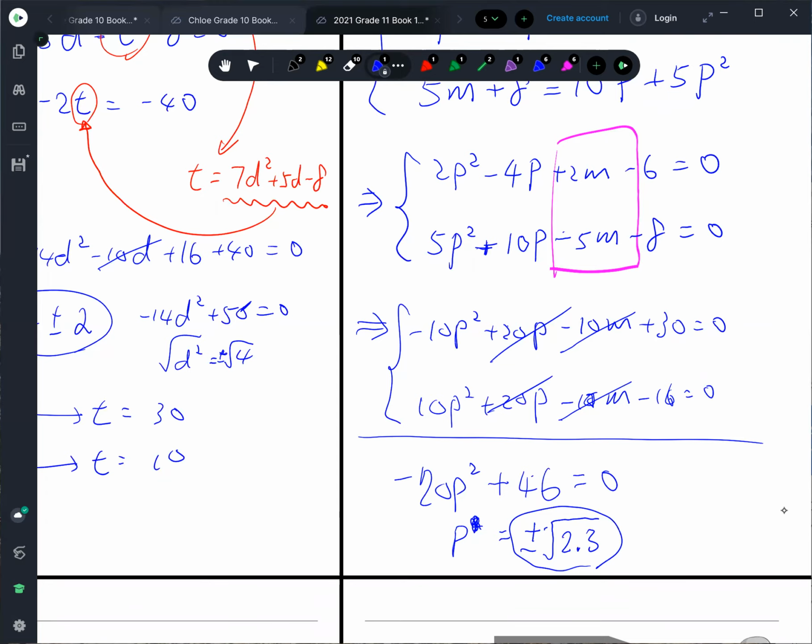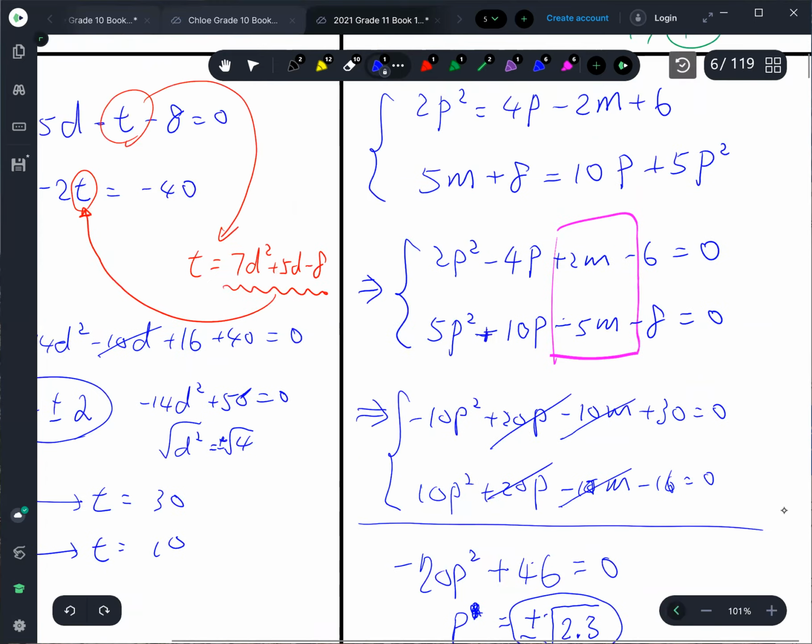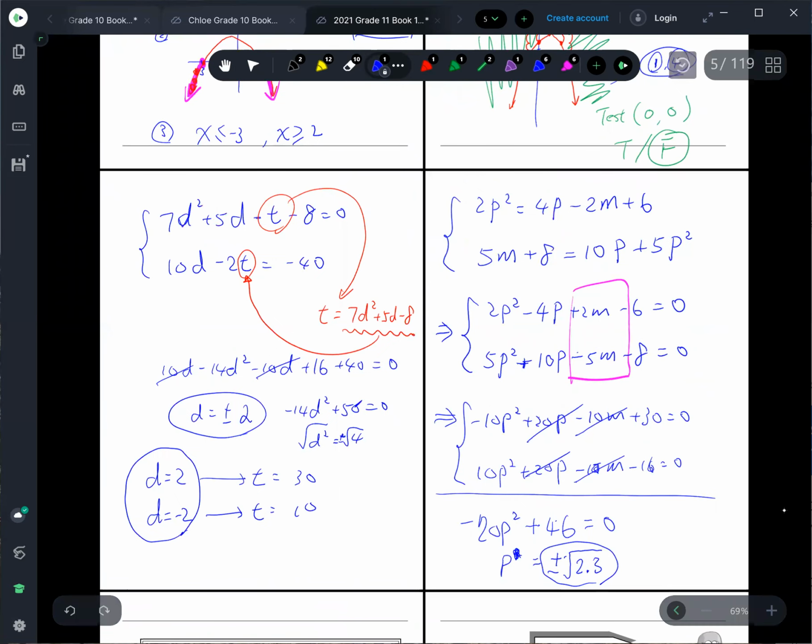But for C, it's negative 1.2 and negative 2.33. Okay, there are like two answers.